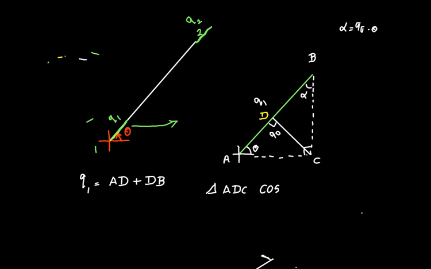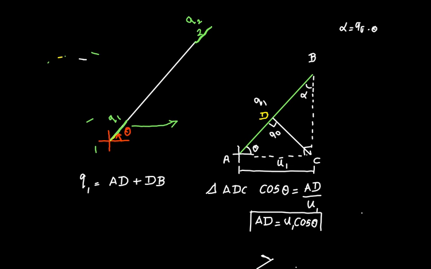Cos theta is equal to adjacent side, which is AD, divided by the hypotenuse side, which is AC, and AC is the horizontal component of the displacement, which is U1. So I can now work out AD. AD is equal to U1 cos theta. I got the value for AD.